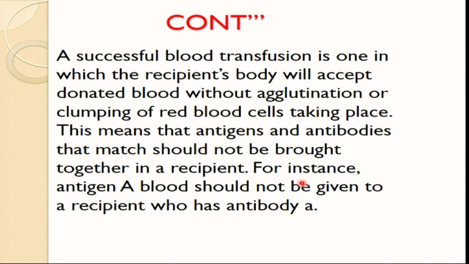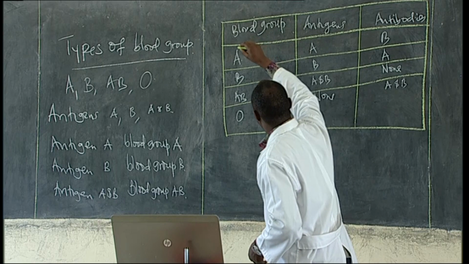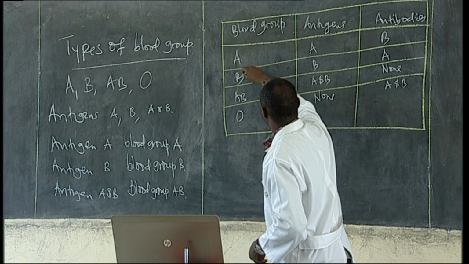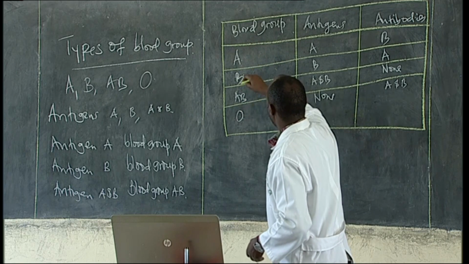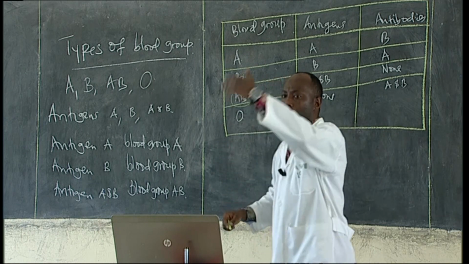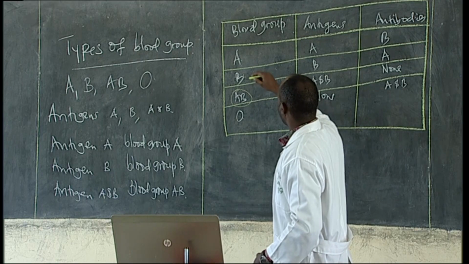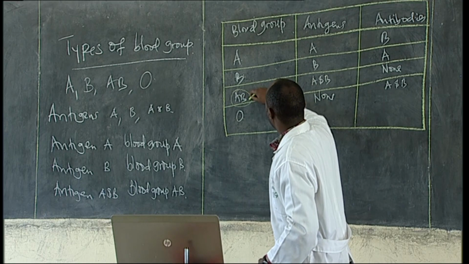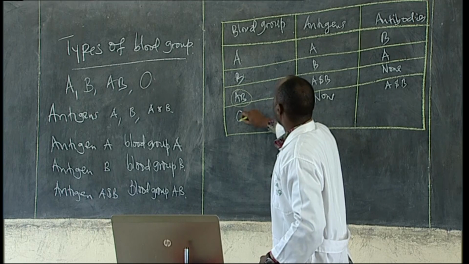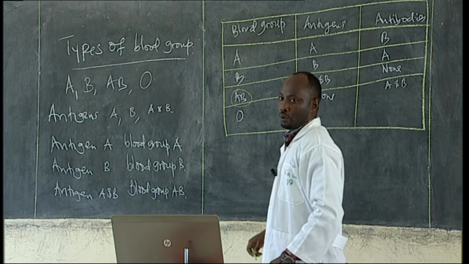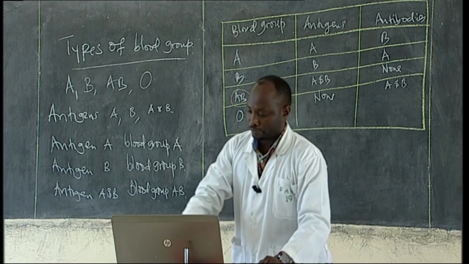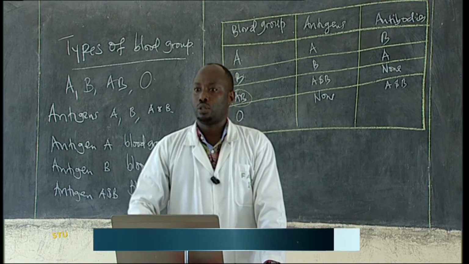Blood group A must get blood from A and also from O. Blood group B will get blood from B, from himself, and also from O. Blood group AB will receive blood from all blood groups, and donates only to AB. Blood group O will donate blood to all these people, and also to himself. So that's what we are talking about.